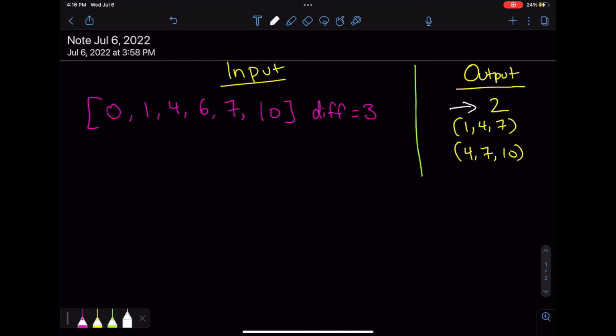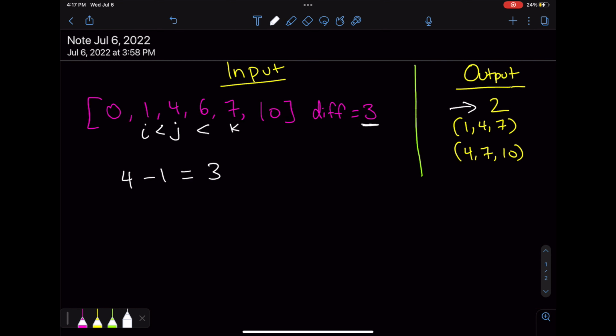They defined it as any three indices, i, j, and k, where i is less than j and j is less than k. So basically i comes before j and j comes before k. And an arithmetic triplet is such that the number at j minus the number at i, so here j is 4, i is 1, equals the difference, which is 3.